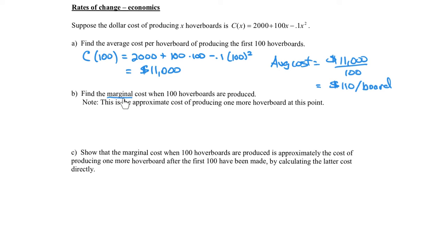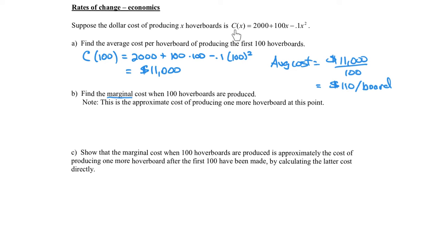So they're asking us for the marginal cost, which is basically the derivative of the cost function, at this point when we've made 100 hoverboards. So remember, marginal just means derivative. The derivative of the cost function, marginal cost, when this many hoverboards are produced. Well, we have our cost function here, so we can definitely find the marginal cost. So the cost function is C of x.